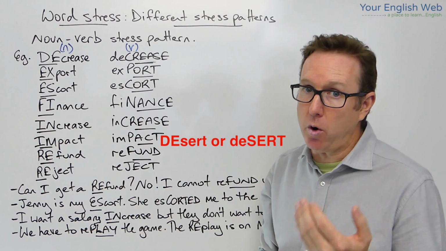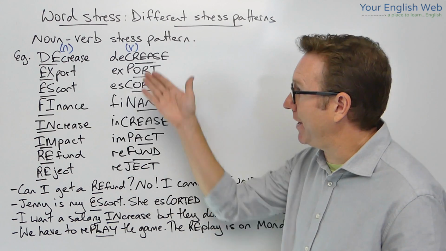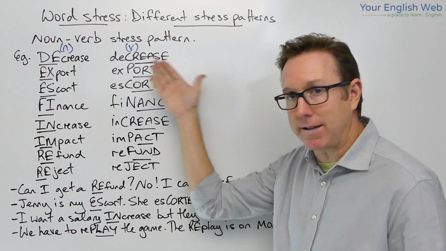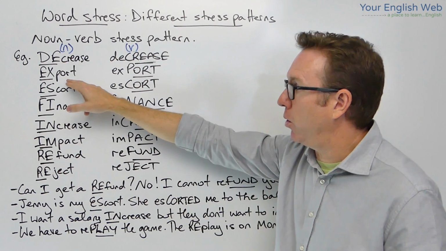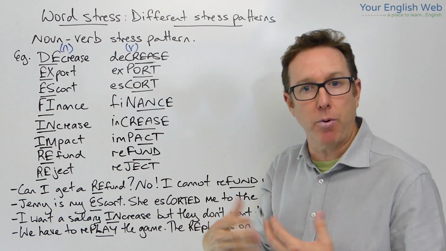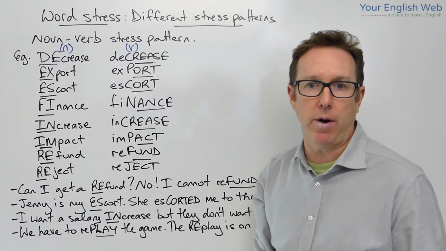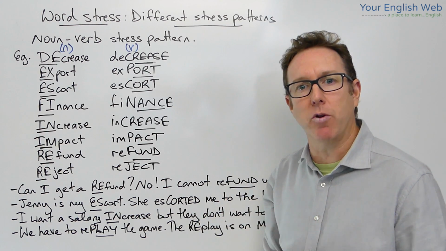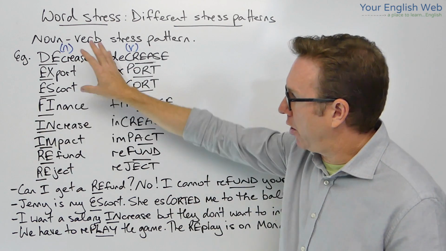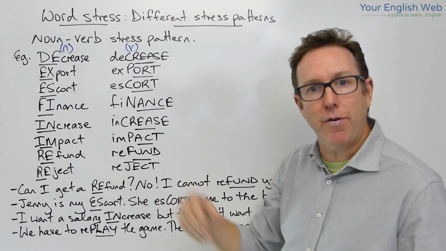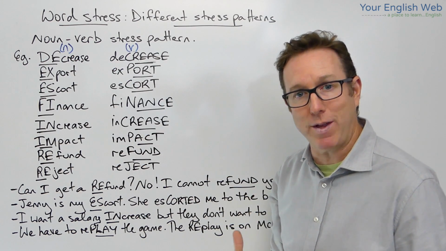So it's the same word, but with a slightly different meaning. But these ones here are mostly related. So for example, export, okay? Export, like a product, and export, and you export a product, okay? So more or less similar in that sense. So those are the three we've looked at so far. We've heard the difference between the two.